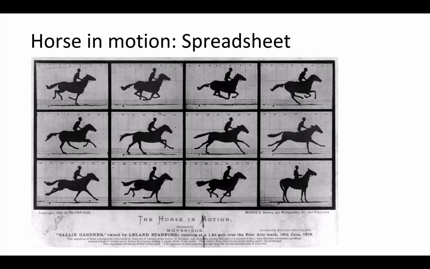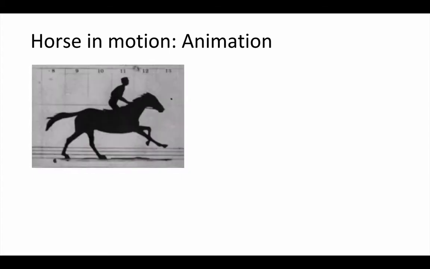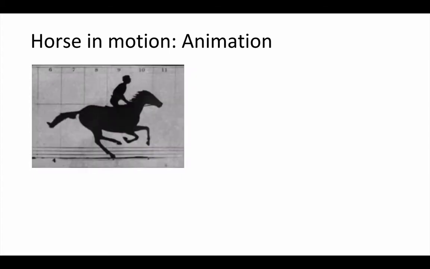And by the way, you can see that in a couple of them, the horse has all legs in the air. Later, Muybridge placed all the photos in a device that could project them very quickly, and it created an illusion of a running horse, like this. This device was later called a film projector.